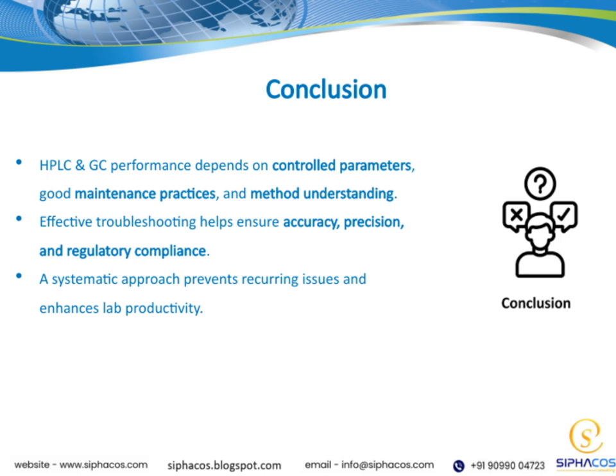Remember, consistent maintenance and a clear understanding of your methods are the foundation for reliable analysis. So, in summary, focusing on these areas not only improves the quality of your results, but also helps sustain smooth, compliant operations in our labs.